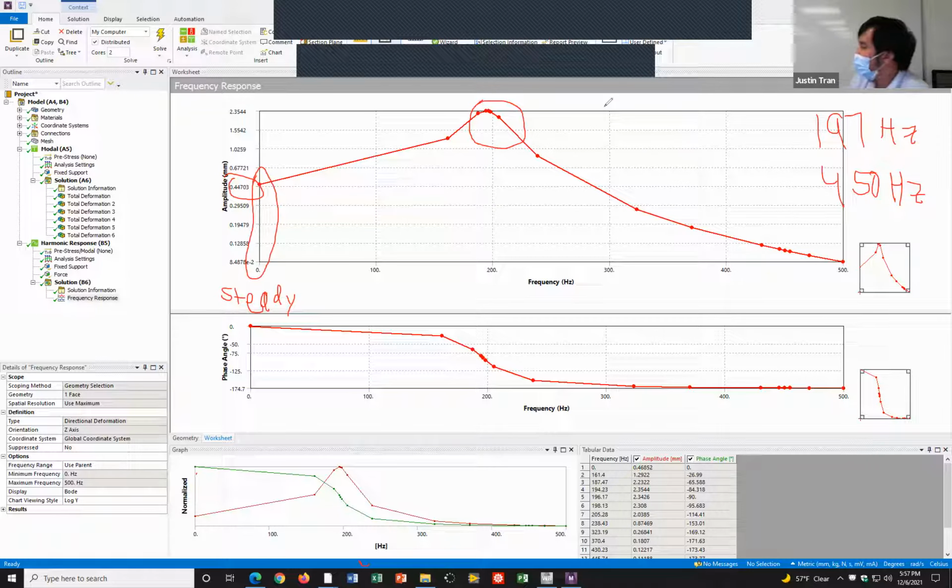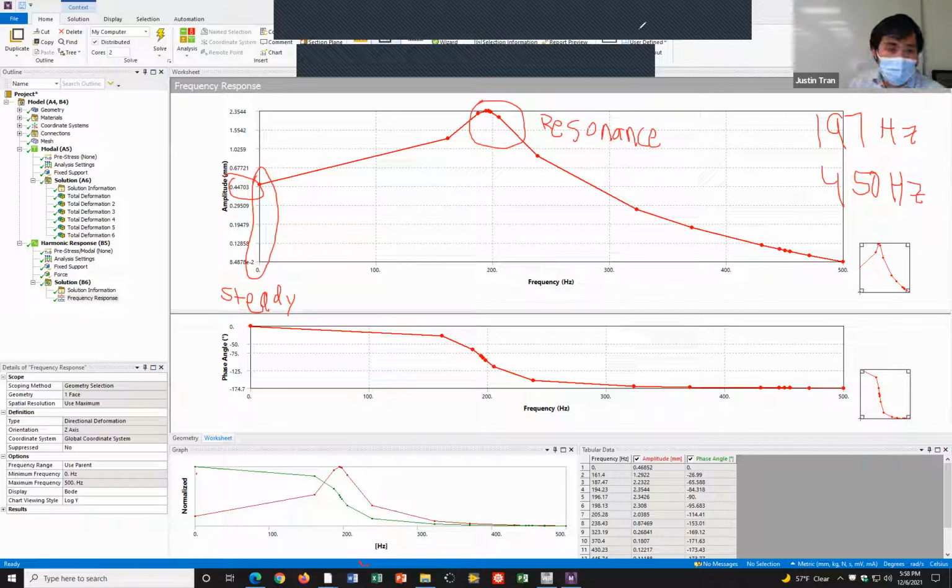Next, let's look at the peak, because obviously that's one of the more important ones to look at. And so the peak deformation here tells us that resonance is occurring around this peak. Because remember, when resonance occurs, we basically get very high amplitude oscillations that result.